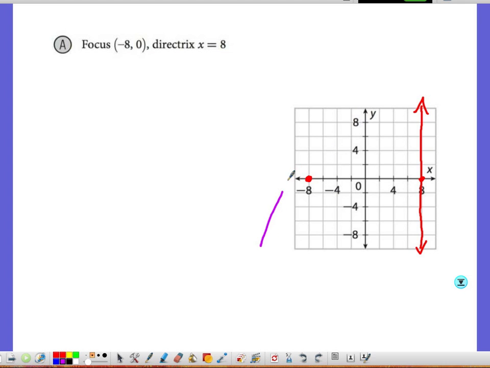Can it open down? Well, the problem here is, again, it's going to intersect the directrix, so it cannot open down. If we open to the right, the problem is that it intersects the directrix twice. So the only other option is that it's going to open to the left. And that's exactly what it is. It's going to be opening to the left.